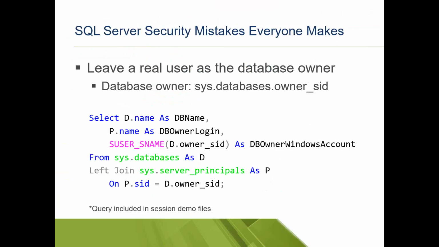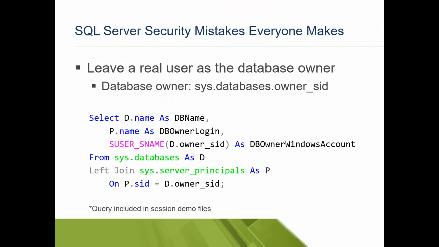However, if I restore a database or create a new database, it will have my personal individual SID listed as the owner of the database and not the SID of the group I belong to. It actually links it directly to the SID of the member of the group as opposed to the group. So in that case, there's the function SUSER_SNAME. You can pass it a SID, and it will actually look it up in AD to see if it can find that SID and report that account.